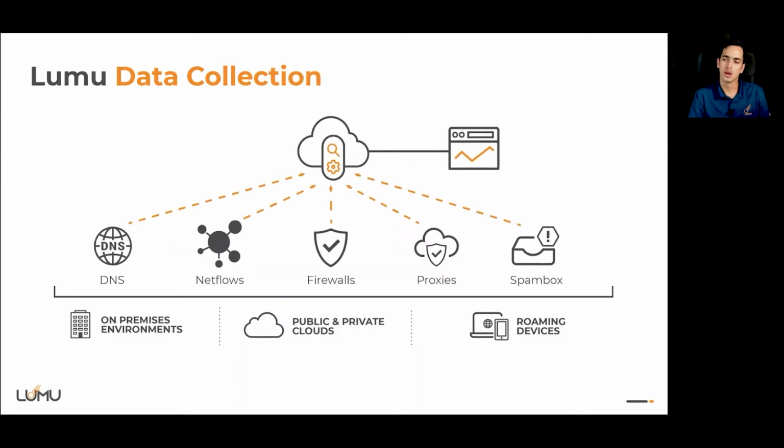How do we do that? We do that by collecting network metadata. Any kind of attack, let's say ransomware, for example, is going to use the network to communicate with, for example, a command and control server. So in the end, network metadata is the ultimate source of truth that lets us know exactly what's happening and identify which IT asset might be compromised. The first source of network metadata we ingest is DNS queries.